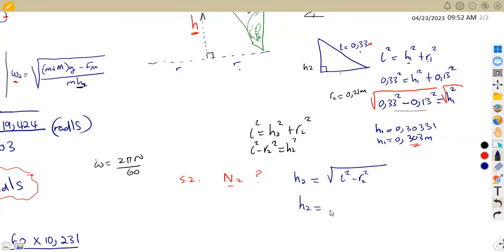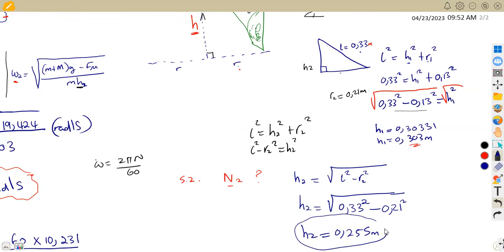So we are going to have the square root of L, the arms, sorry, the length of the arms, which is 0.33 squared, minus our radius 2, that's 0.21 squared. So this is going to give us H2. Okay, so we can calculate this value. We can determine our solution, which is 0.254 and so on, which is going to be 0.255 if you round off to 3 decimal places.